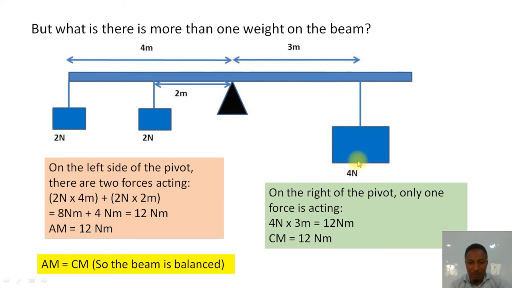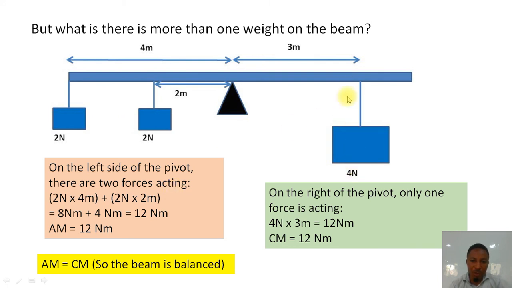So let's do that. For the right hand side, we know that it represents the clockwise turning effect, right? It's going to turn this way. And the left hand side, if it's falling towards the left, represents the anti-clockwise turning effect or anti-clockwise moment.